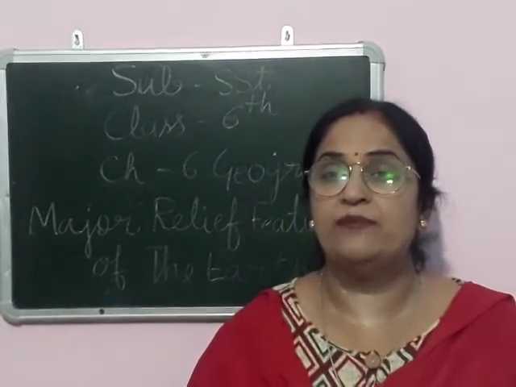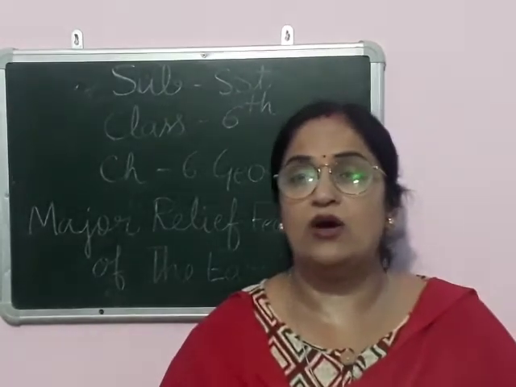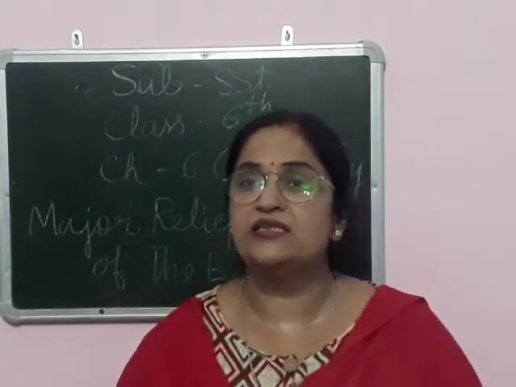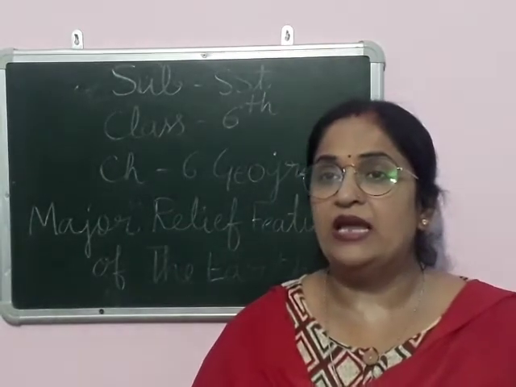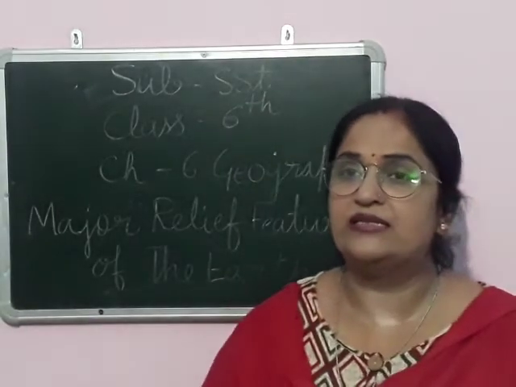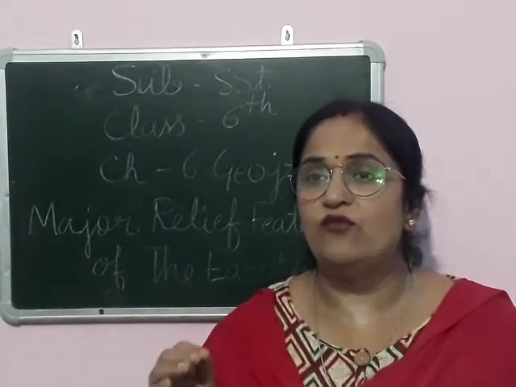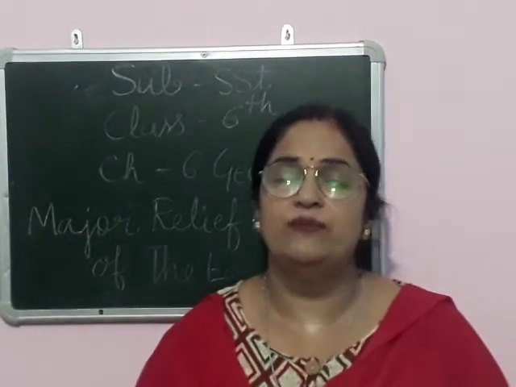These plains are mainly located on the borders of almost all the major continents. Right? For example, the southeastern plains of the United States were formed by uplifting of the Gulf of Mexico.